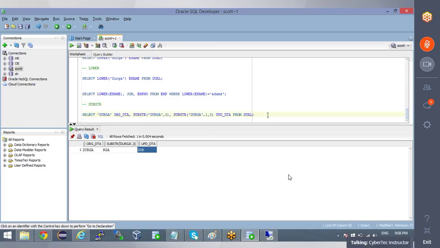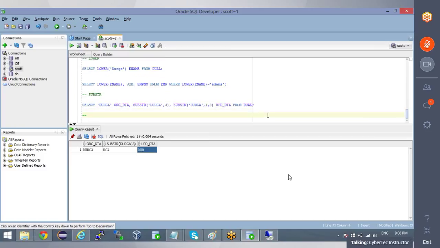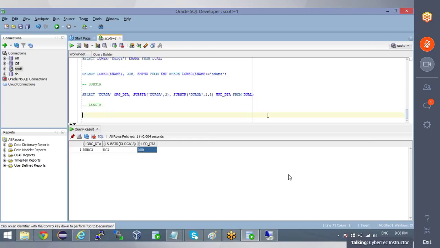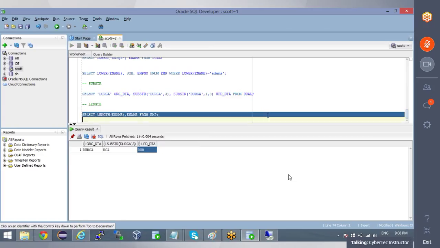All right. The next function is length. This function is used to calculate the length of the given string. For example, select length of ename, comma ename from emp.